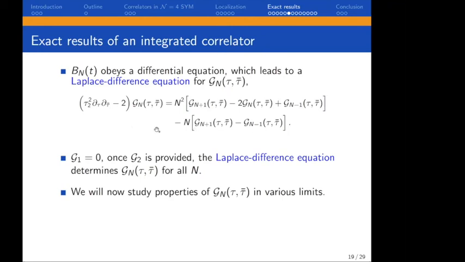This one is a generalization of that, now involving N. One may also write this difference equation as a differential operator acting on N. It is not hard to imagine: there is a shift on N, and you can write the shift as an exponential of the derivative in N. So this generalizes the simple Laplacian operator I mentioned earlier, now involving N. That is how you make a connection between the correlators of different N. But again, a deeper aspect of this equation, I don't know. Okay, thank you.